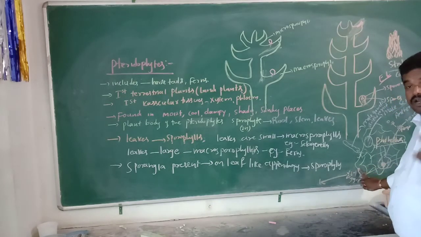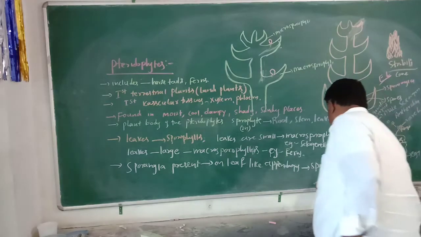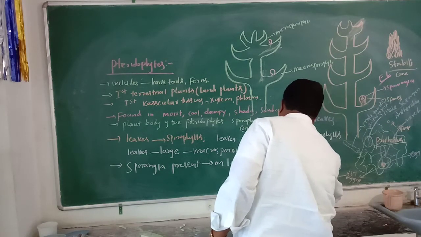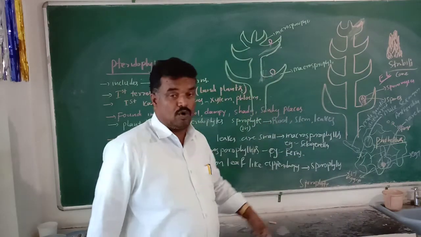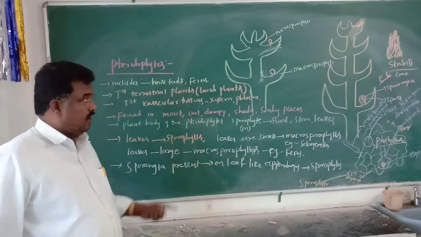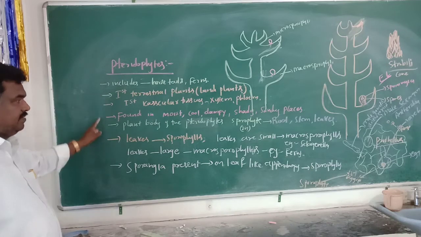Now the zygote undergoes differentiation and forms a green-colored multicellular diploid sporophyte. Sporophyte formation happens again. So in pteridophytes, sporophyte is the dominant phase. This diploid sporophyte is the dominant phase in pteridophytes. So that completes the characteristic features of the pteridophytes.